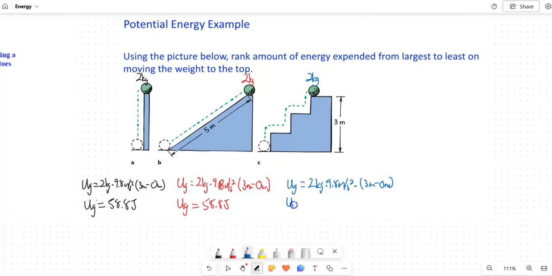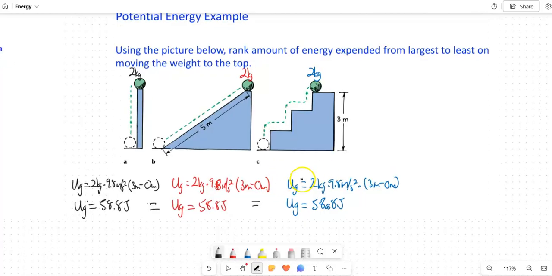It doesn't matter how long it took. It doesn't matter if you took breaks. You're still using the same amount of energy to raise it up. So you're still expending the same amount of calories to raise it up that height. Okay. So ranking these from largest to smallest, they're all the same. All of these are equal to each other.